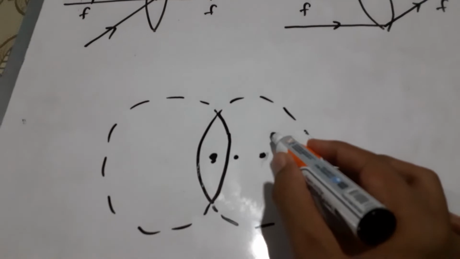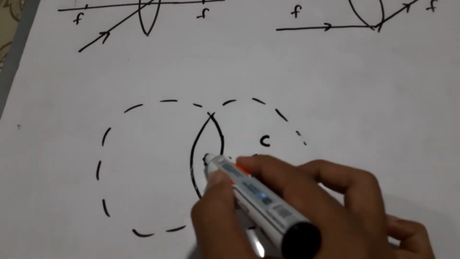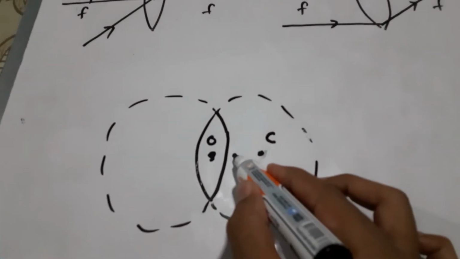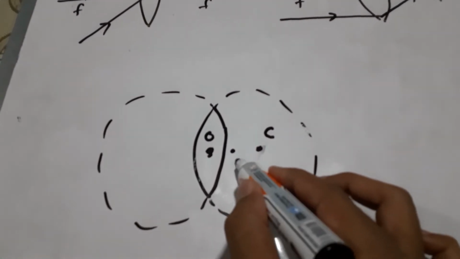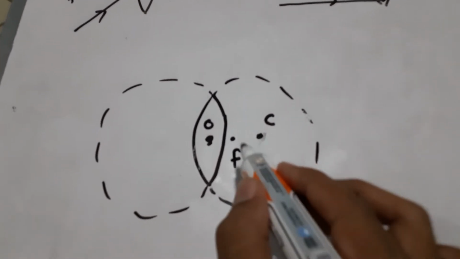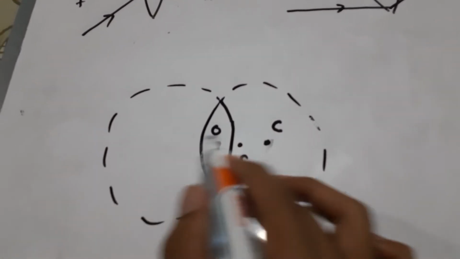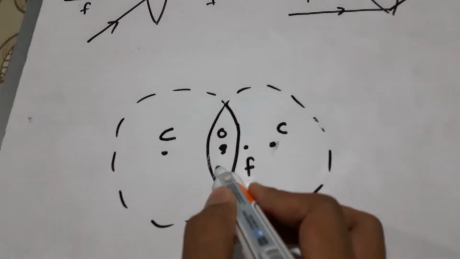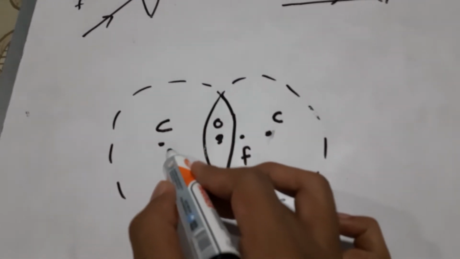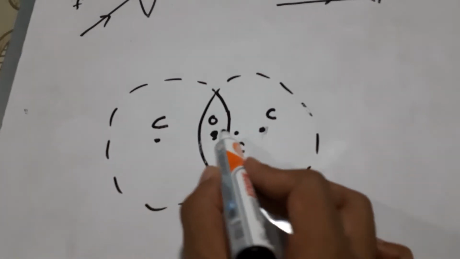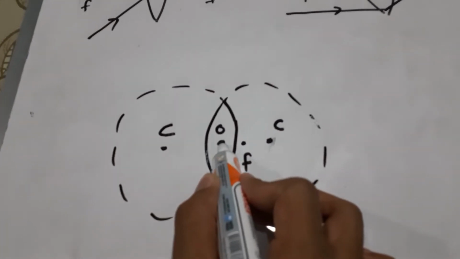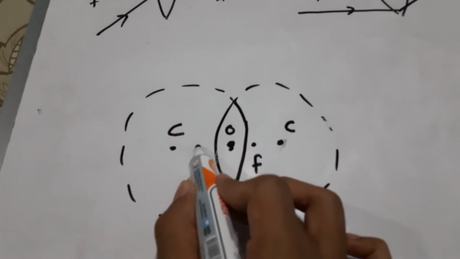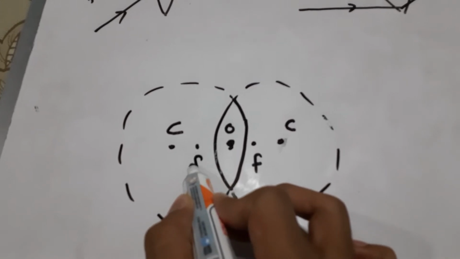So if this is the center of curvature and this is the optic center, the midpoint of these two will give you the focal point. The focal point lies on either side of the lens, as the sphere also contains the center of curvature. So the midpoint between the optic center and the center of curvature will be the focal point.